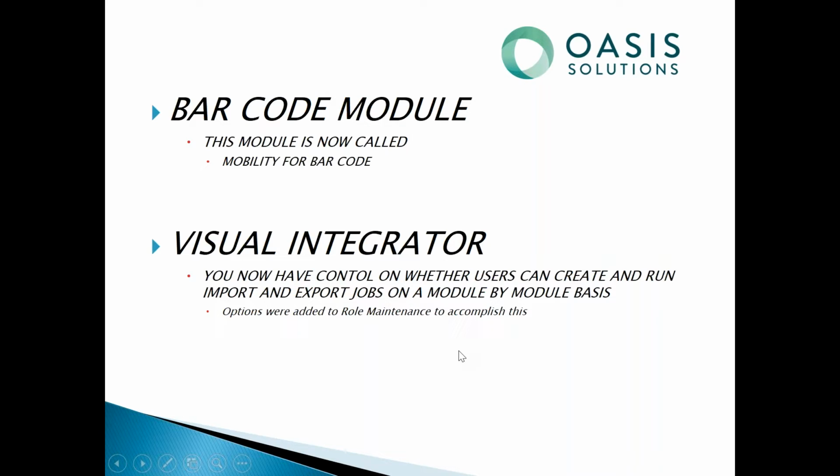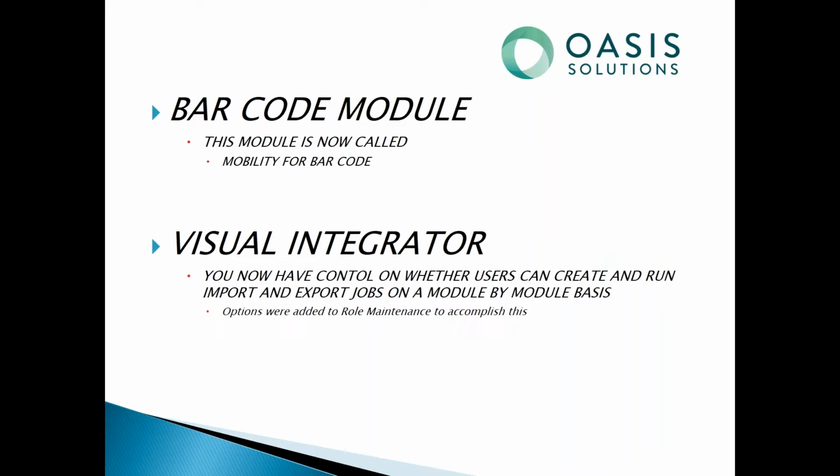Related to the Visual Integrator module, you now have control on whether users can create and run import and export jobs on a module by module basis. So before, if you had access to do things in Visual Integrator, you either had access or you didn't.